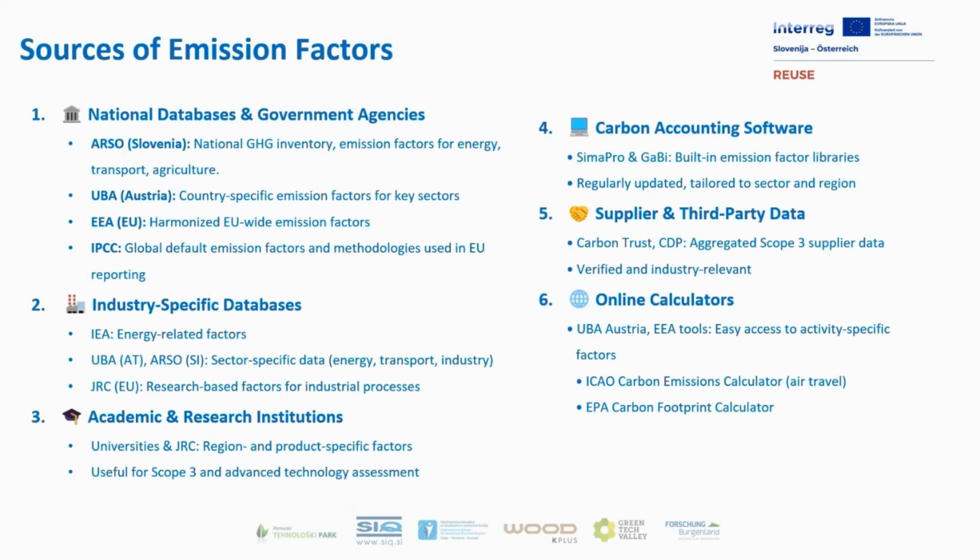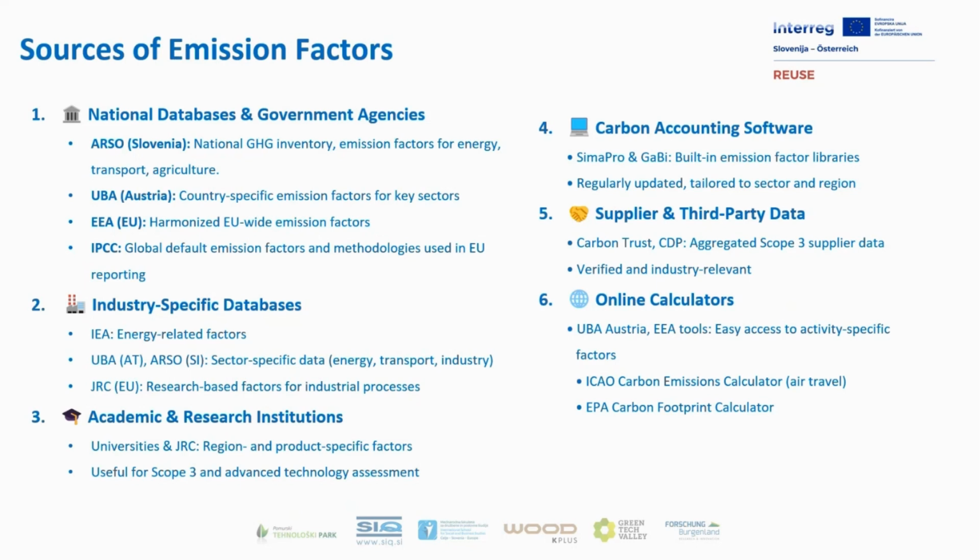First, for Slovenia and Austria, the most relevant sources for standardized emission factors include the European Environment Agency, EEA, which provides harmonized emission factors used across EU member states. Then the Intergovernmental Panel on Climate Change offers internationally recognized default values, especially useful when no national data is available.